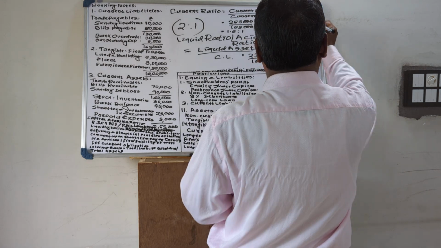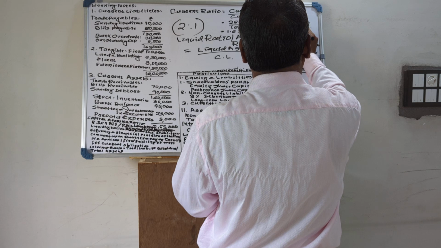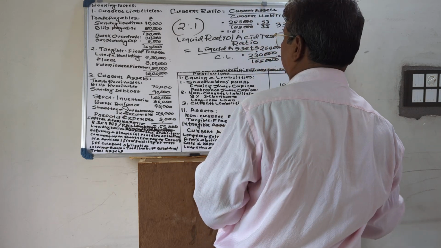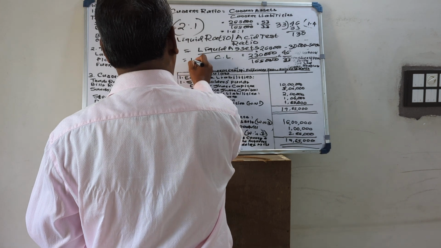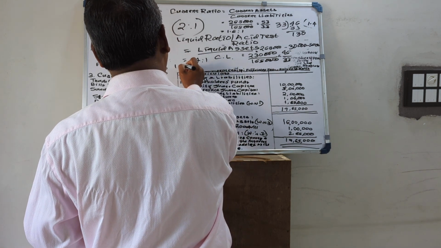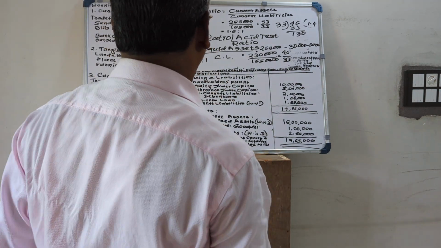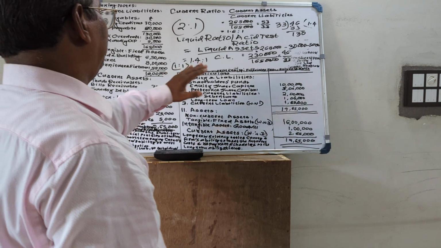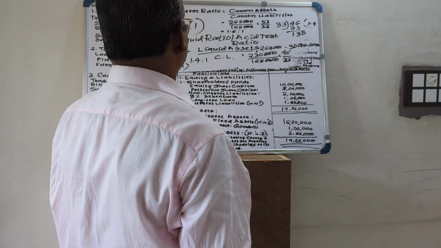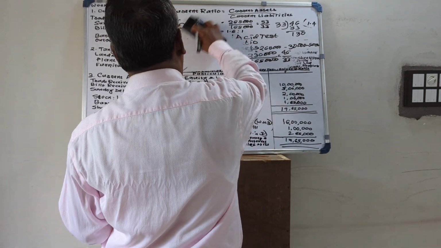So it is 1.4 is to 1. The ideal ratio is 1 is to 1. That means the liquid assets should be at minimum equal to current liabilities. This is the liquid ratio.